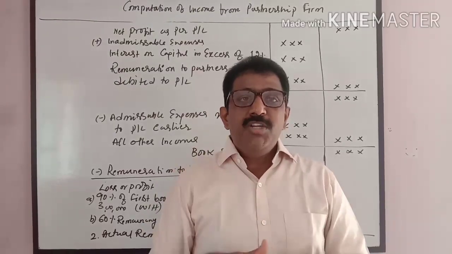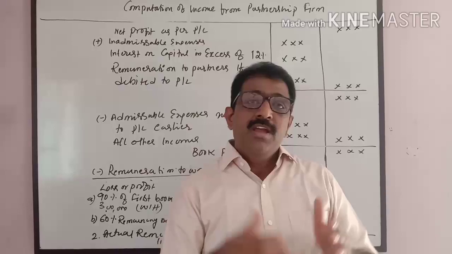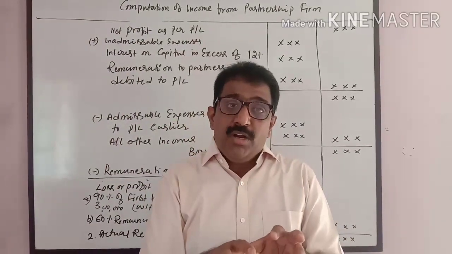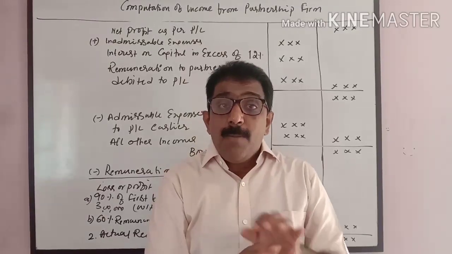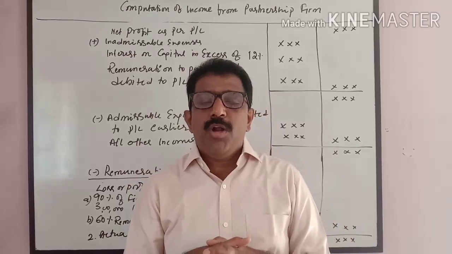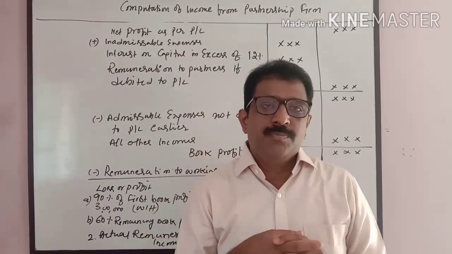And any commission, if any partner is eligible for commission on the sales achieved by him, we used to debit. And finally, the remaining profit left out is to be appropriated or distributed among the partners according to their profit sharing ratio.